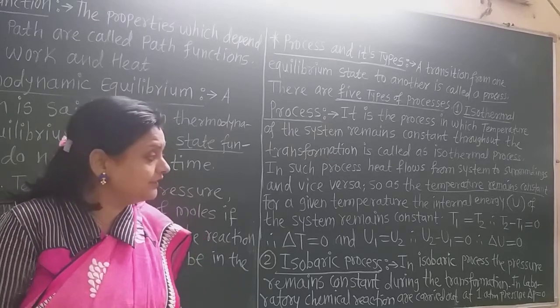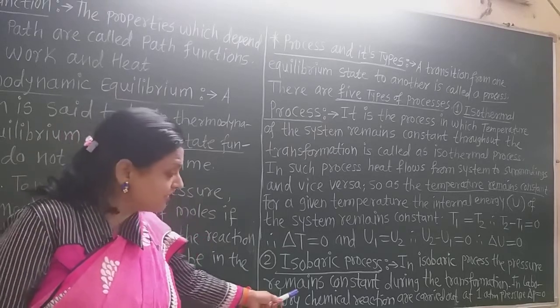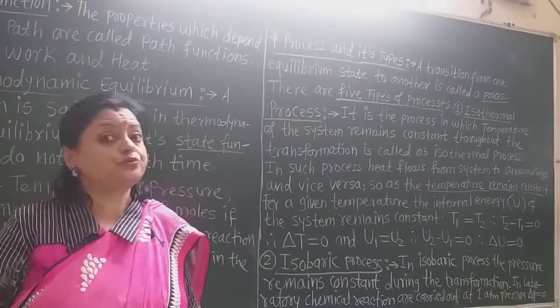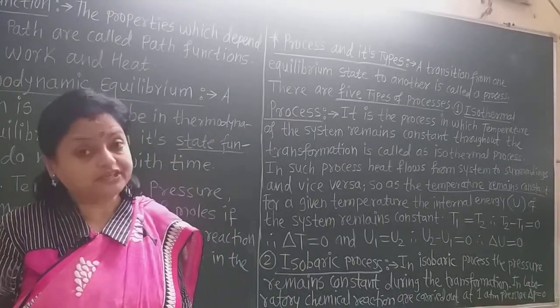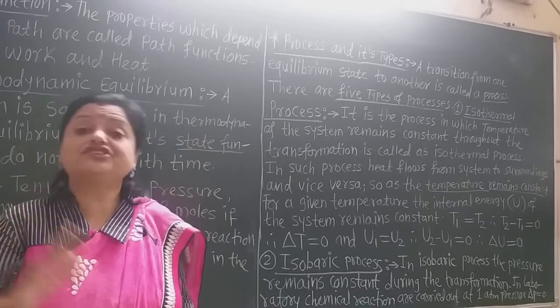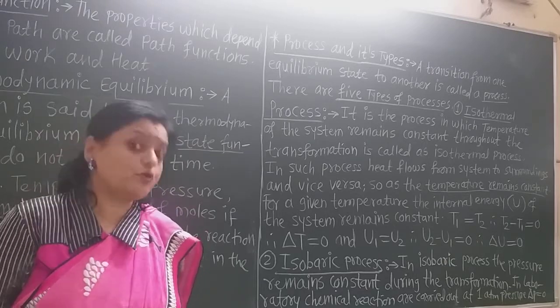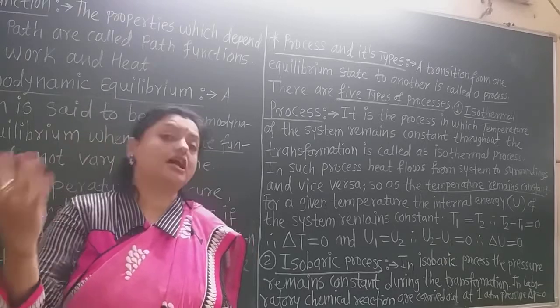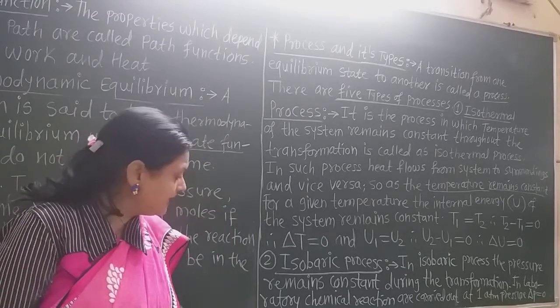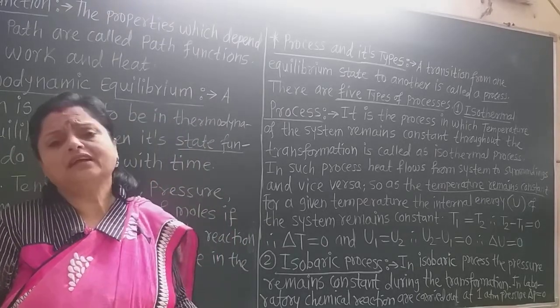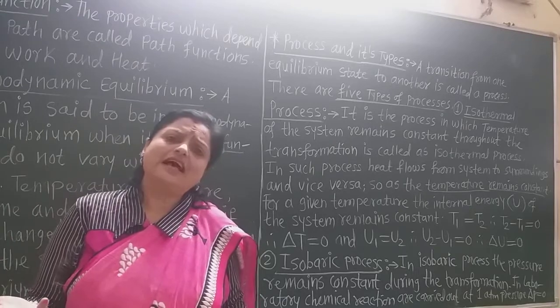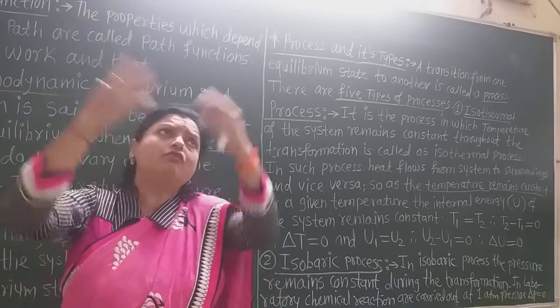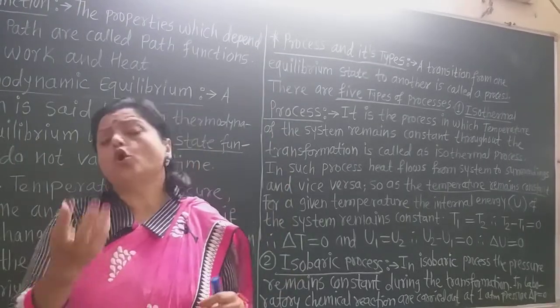So in the isobaric process, the pressure remains constant during the transformation, or during the change from one state to another state. In a laboratory, we generally do all the reactions at constant pressure, that is, 1 atmosphere in an open container.